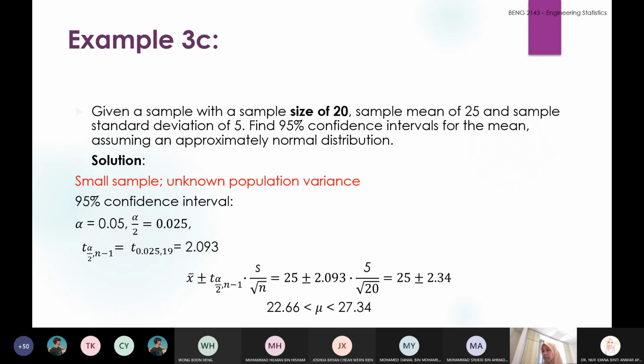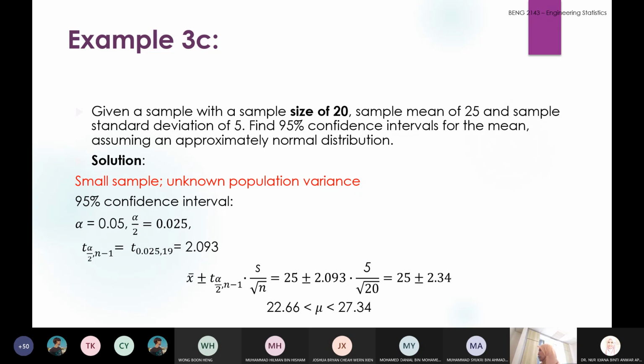So when we have this kind of thing, to determine the 95% confidence interval, we have to extract alpha, which is the significance level, and then divide by 2, because we allow the interval to have some error on the left side and also some error on the right side.